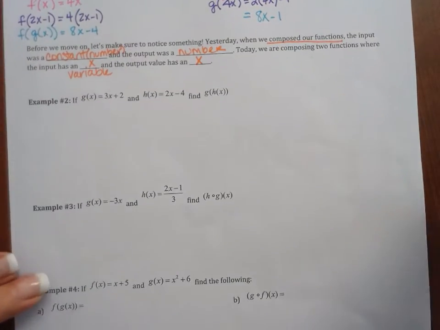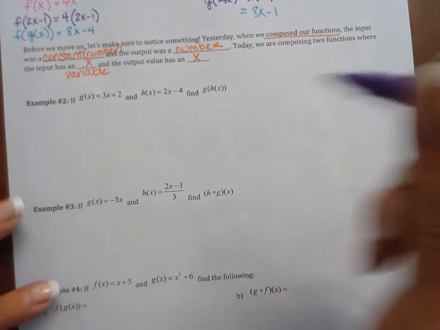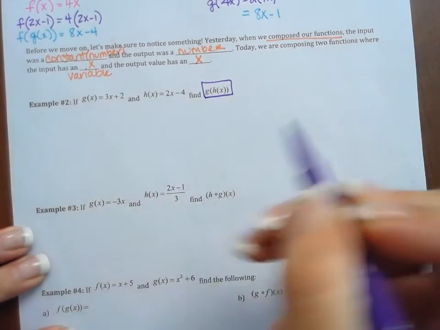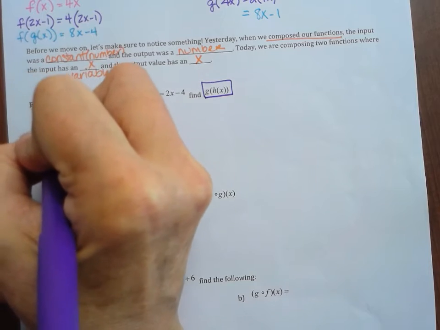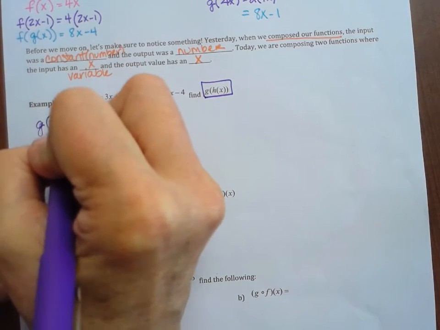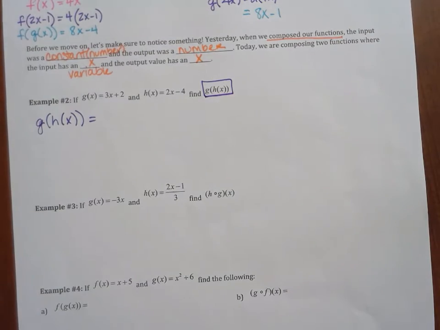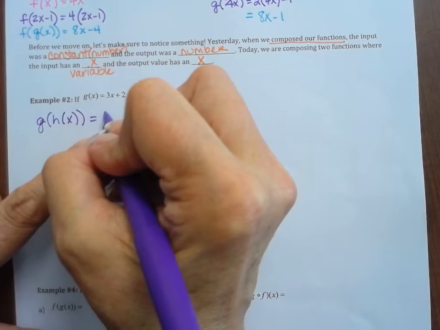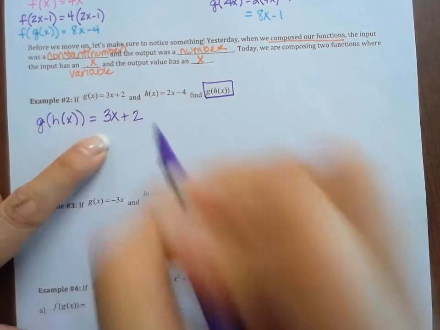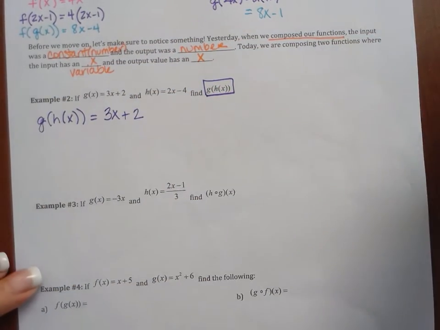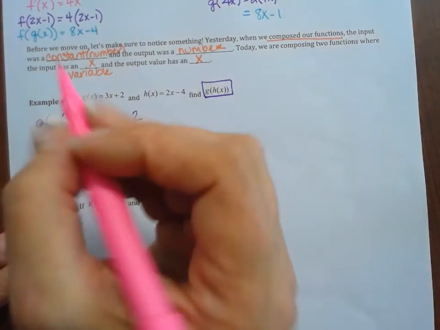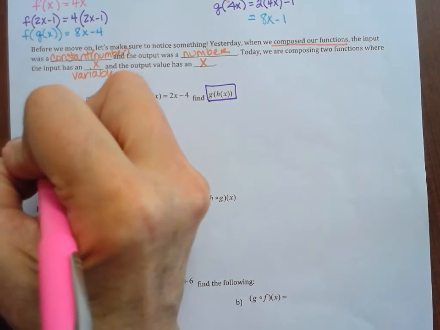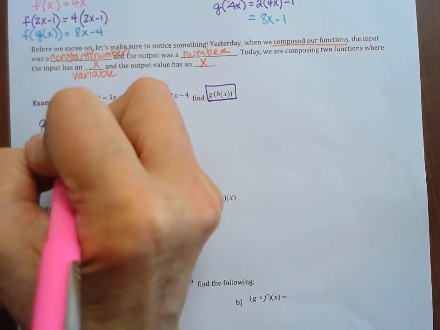Alrighty. So, I'm going to do the g of h of x. Alright, so the g of h of x is going to be equal to 3x plus 2, because that's my outside function. My inside function is the 2x minus 4.